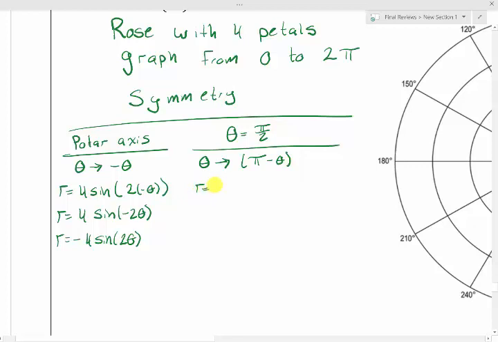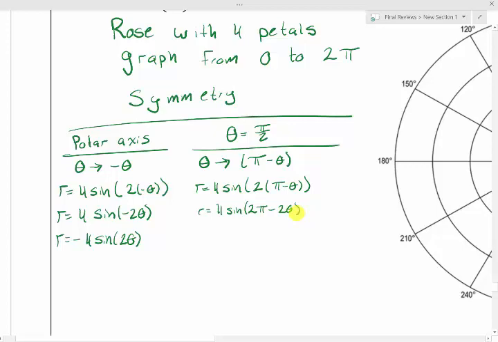So r will equal 4 times the sine of 2 times pi minus theta. And of course, I'm going to simplify. So it's going to give us 4 sine of 2 pi minus 2 theta.